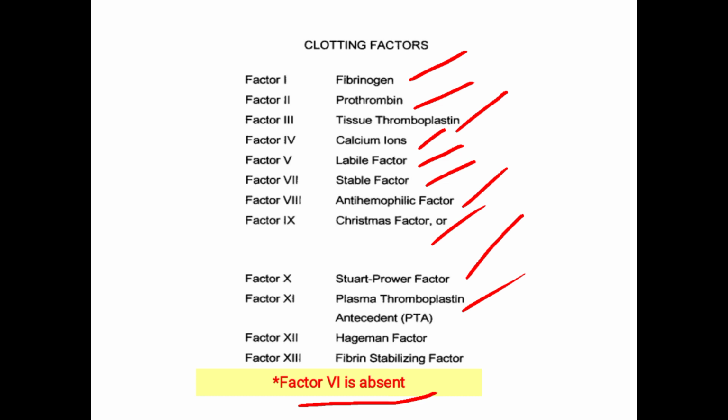Factor 12 is Hageman factor. Then factor 13 is fibrin stabilizing factor. Okay. If you write just factor 1, 2, 3, that is also enough. But remember, everything is important because all are involved in the clotting mechanism.